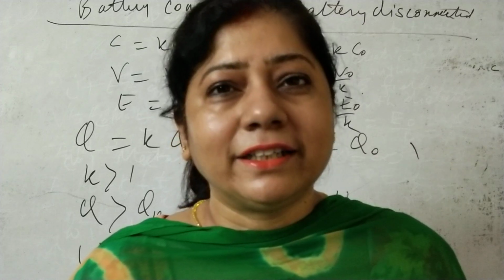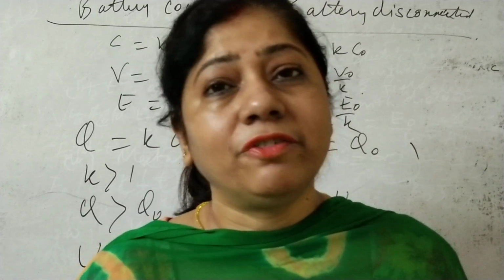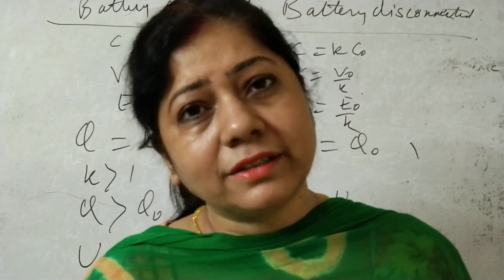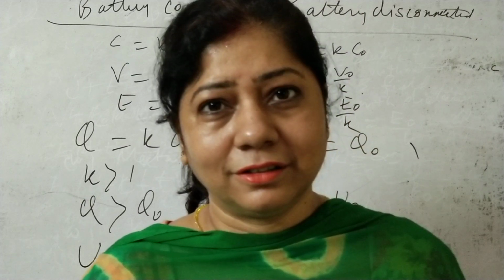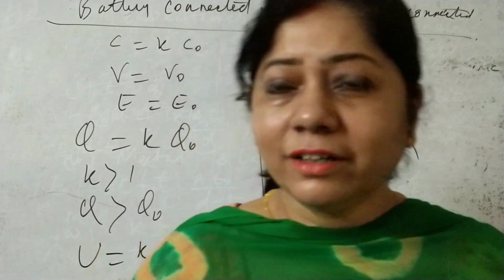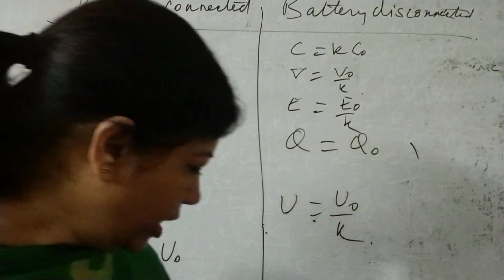And when you disconnect it, then obviously the potential difference decreases. Since the potential difference decreases, the electric field also decreases, and the potential energy is also one of the factors that will change. What will not change is the charge.